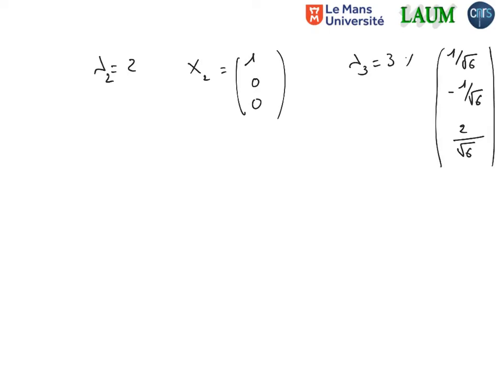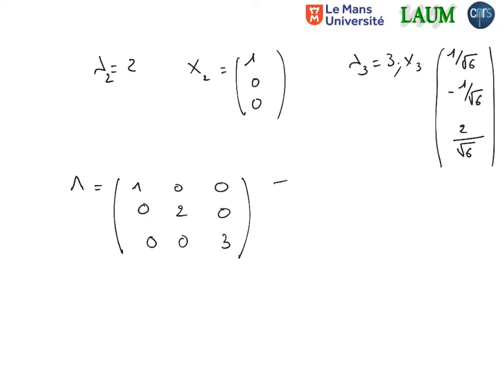And this is x3. So in fact, the diagonal matrix lambda of eigenvalues is diag(1, 2, 3), that is (1, 0, 0), (0, 2, 0), (0, 0, 3).